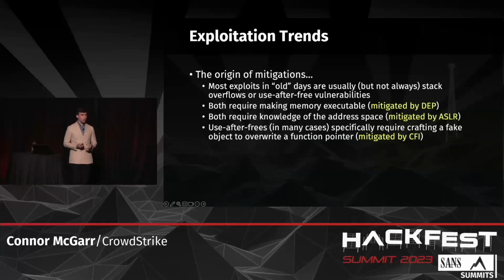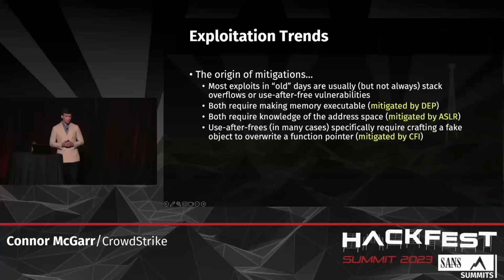So buffer overflows and use after frees, if you want code execution, they require executable memory, which is what DEP allegedly mitigates. But in order to get around DEP, using some code reuse techniques, well, you need to know the layout of memory, the address space. Well, if you're relying on exploitation with both of those things, ASLR and DEP combined kind of address that.